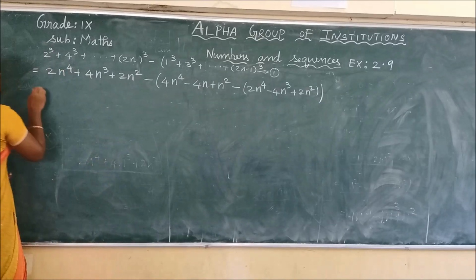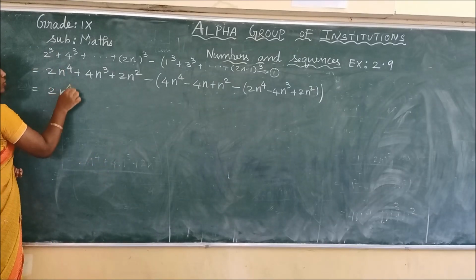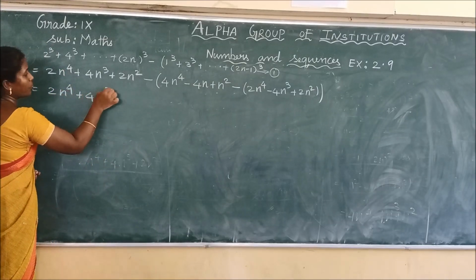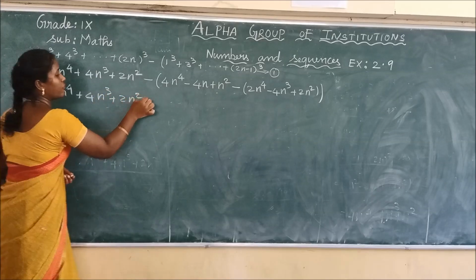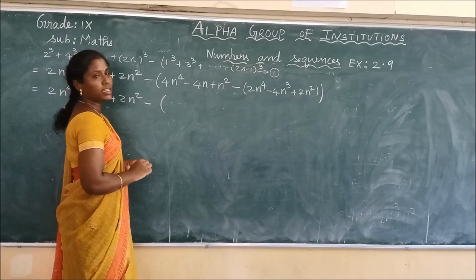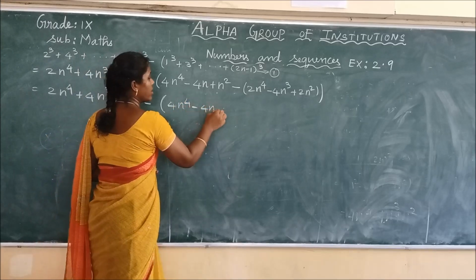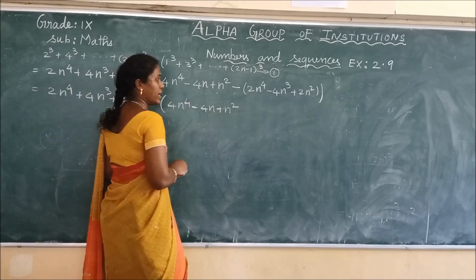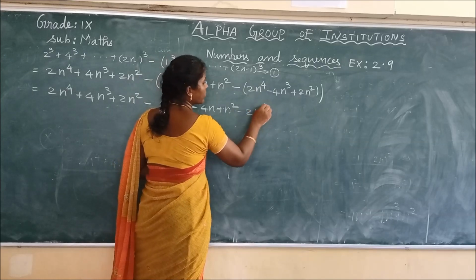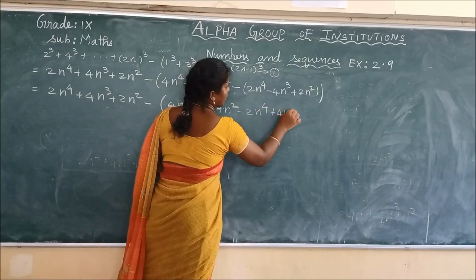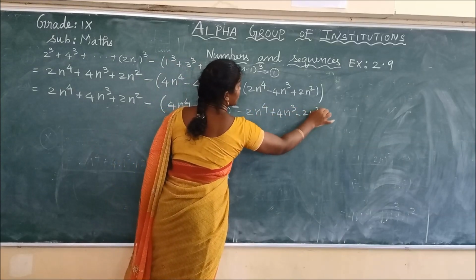Now solve for it. 2n power 4 plus 4n cube plus 2n square. Before subtracting this, subtract the terms inside the bracket. So what we are having: 4n power 4 minus 4n plus n square minus 2n power 4 plus 4n cube minus 2n square.